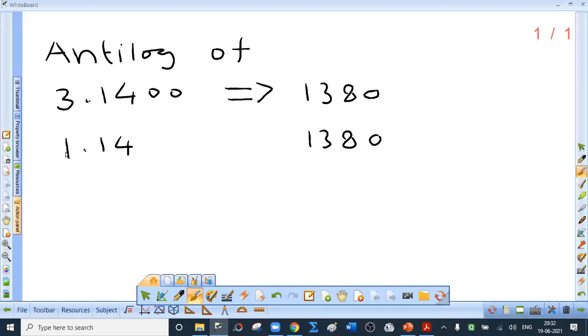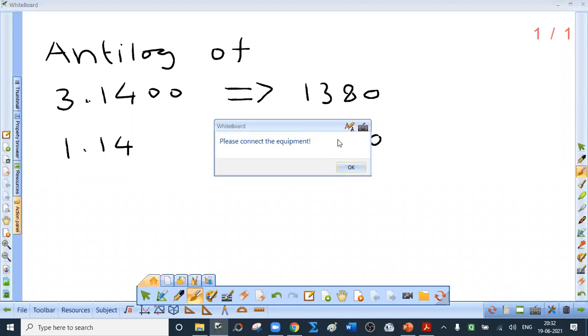Now this has role to play. Characteristic is 1. So there must be 2 digits in the integral part. So decimal point after 2 digits. So if only characteristic changes, position of decimal point changes. Is that clear? One more, one more.